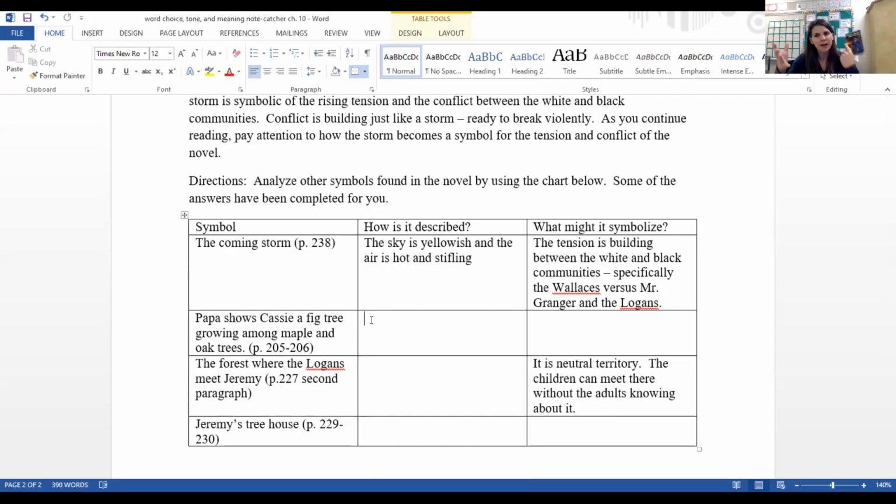What does it symbolize? It symbolizes their family. They have roots where they live. They're smaller and beneath other families like the Grangers and the Wallaces, but they still belong there. And they have to fight and not give up, just like that little tree.